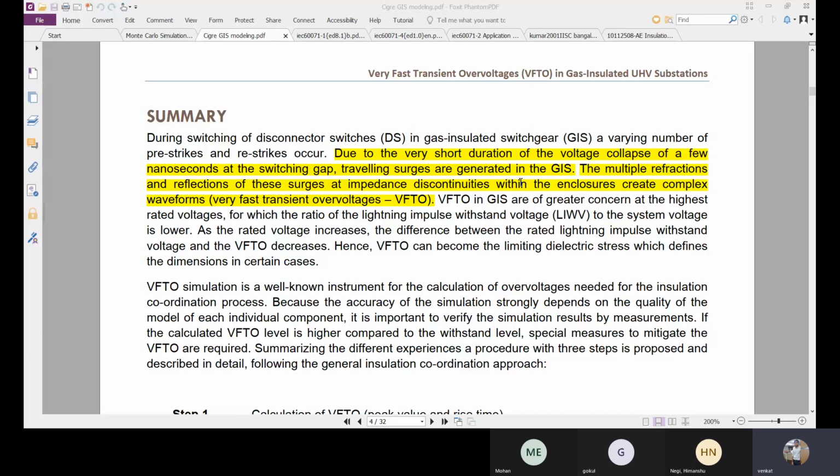It is basic for all ranges of GIS, and we perform it on gas insulated switchgear substations.